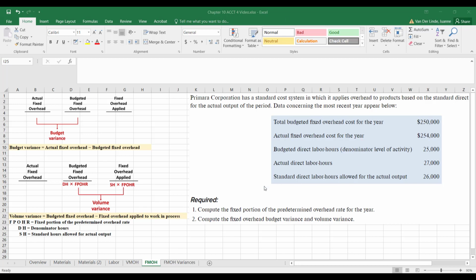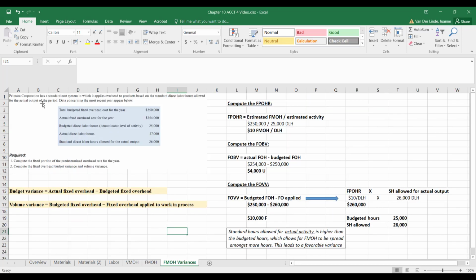So we're going to be doing this problem here to the right as an example. Primera Corporation has a standard cost system in which it applies overhead to products based on the standard direct labor hours allowed for the actual output for the period. Data concerning the most recent year appear below.